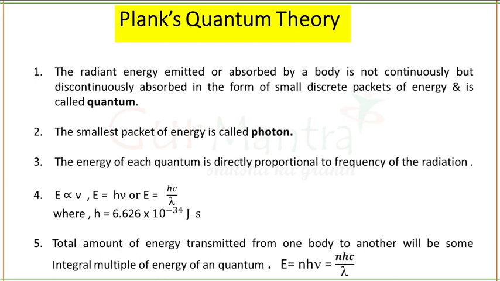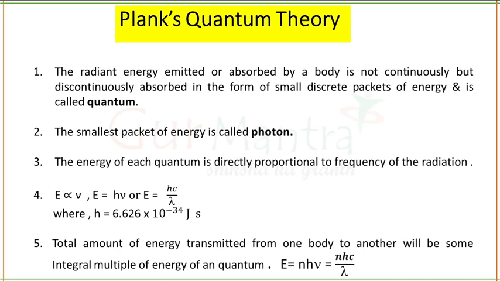It is very important to note that Planck's quantum theory gives a relation between energy and frequency, which means energy is directly proportional to frequency. E is directly proportional to nu.